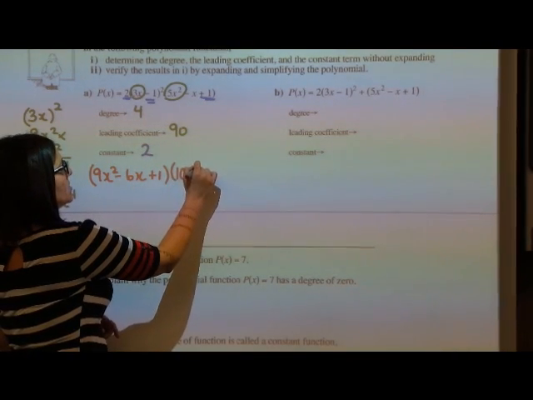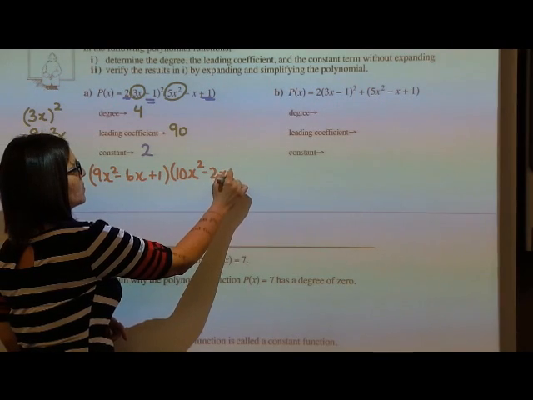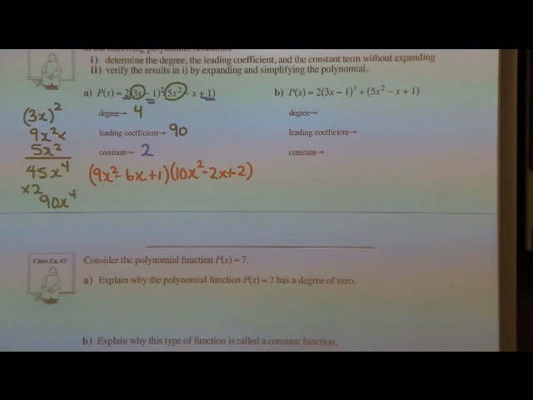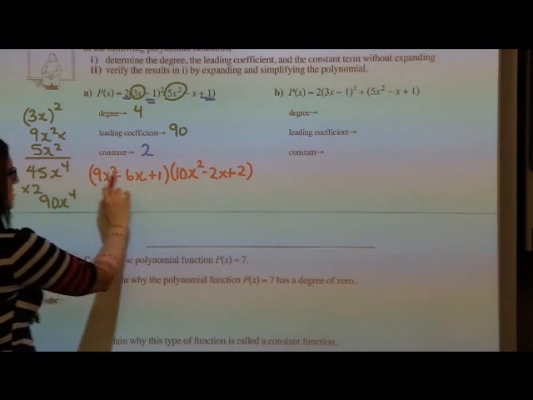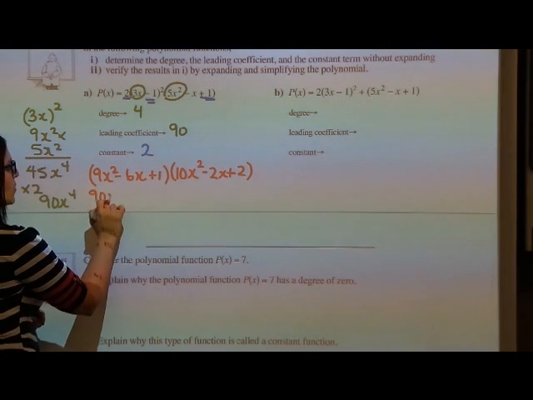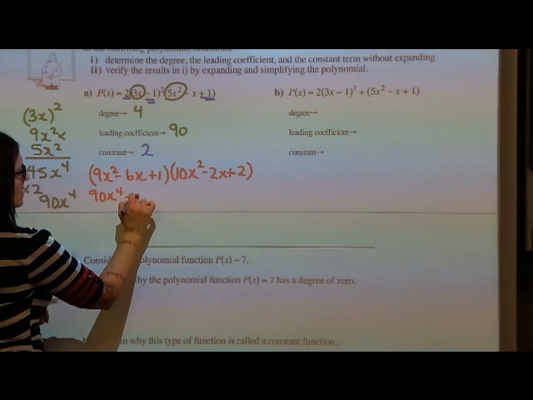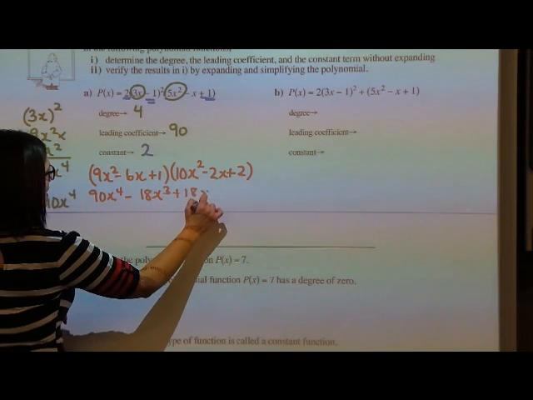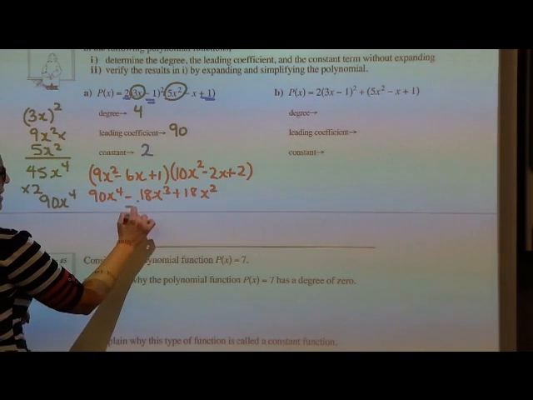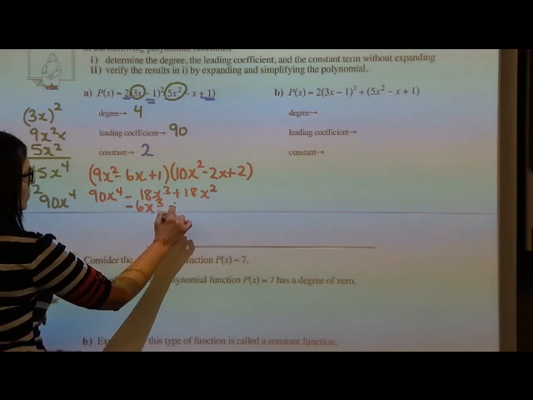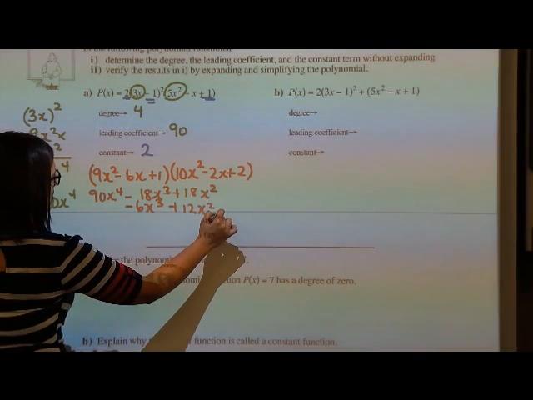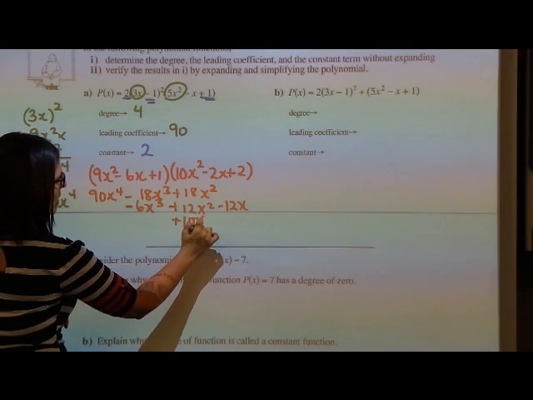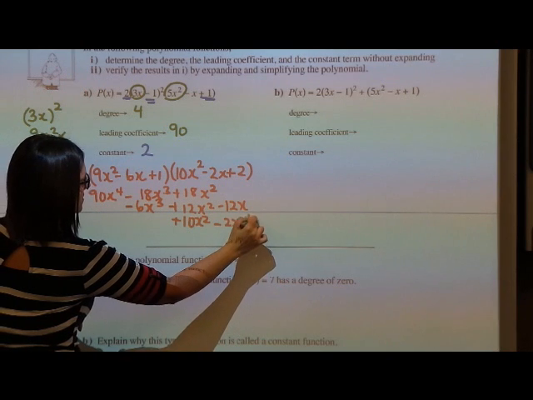So 10x squared minus 2x plus 2. And then I'll distribute this all up. So the 9x squared gets multiplied by everything inside the brackets. 18x cubed plus 18x squared minus 6x cubed plus 12x squared minus 12x plus 10x squared minus 2x plus 2.